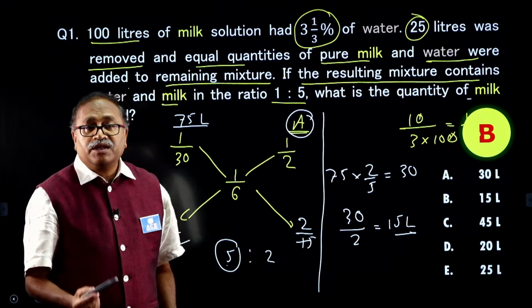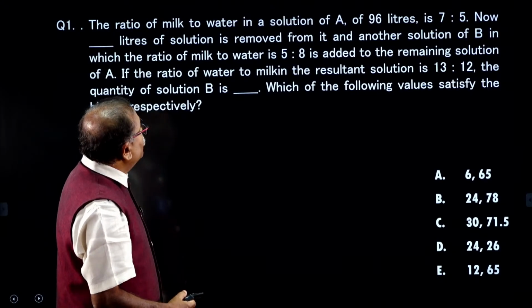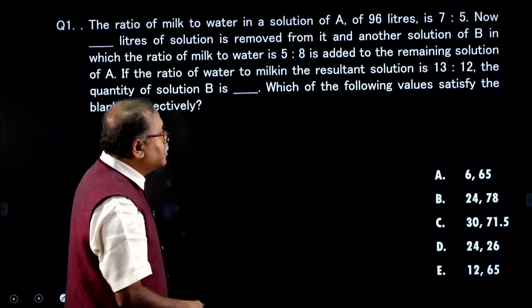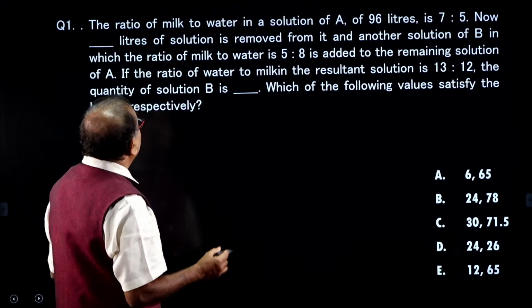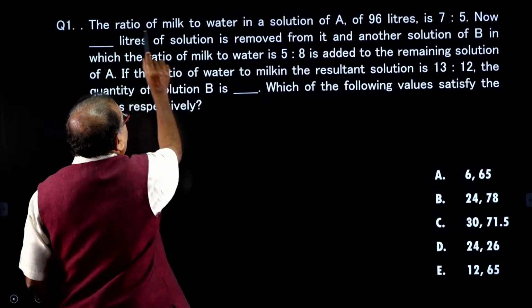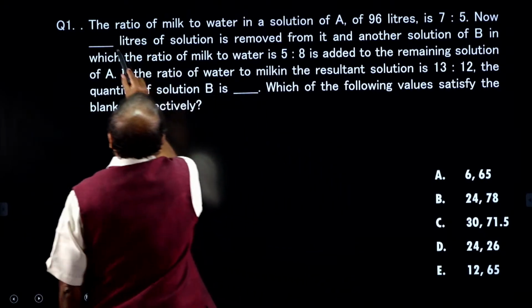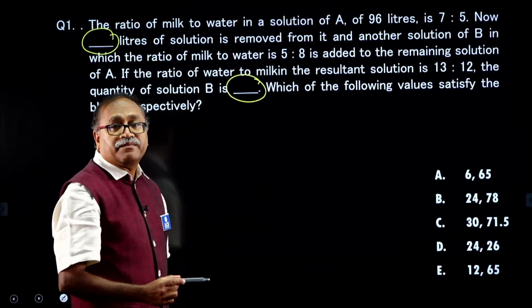Moving on to the next question. Let us see, do not panic seeing the length of the questions. We will just segregate the facts from here. You know that this kind of question often comes in the banking exam.